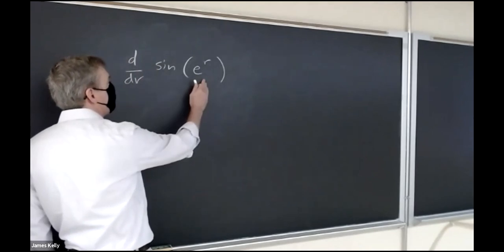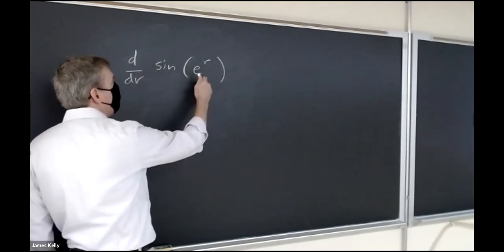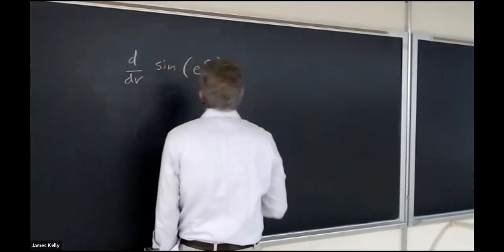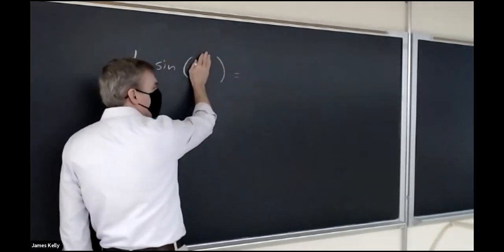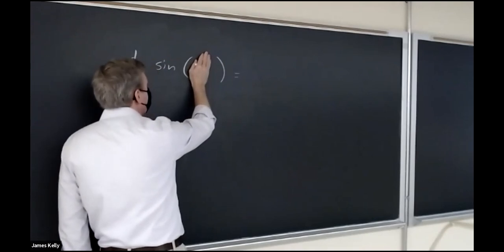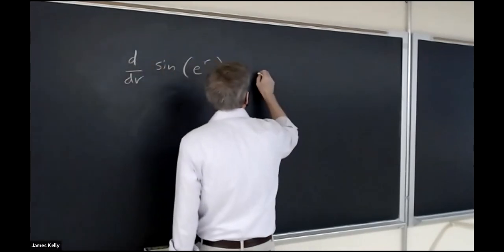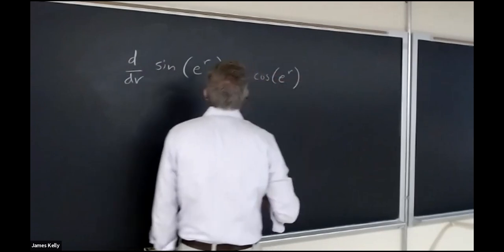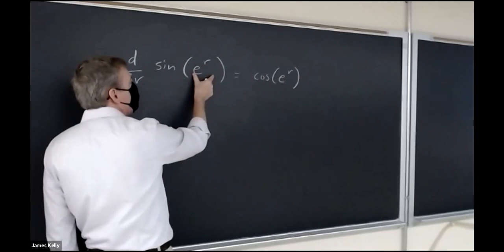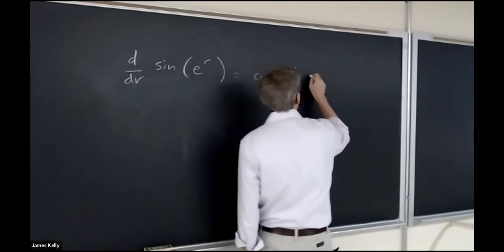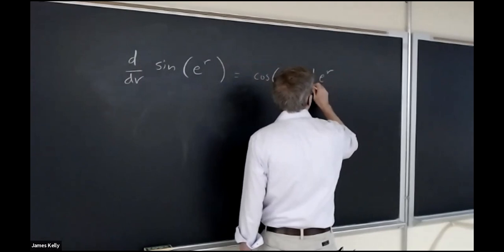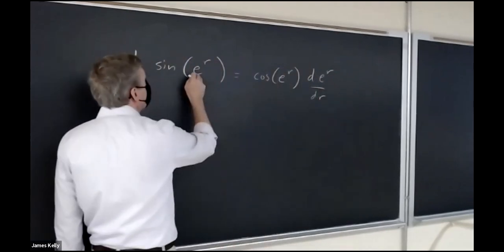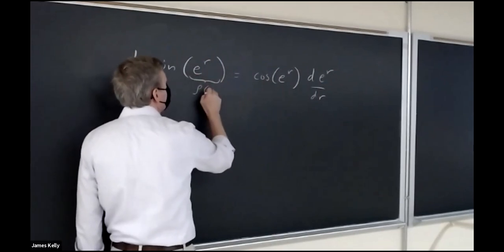Every one of you knows how to take the derivative of a function of r, right? We think of this as just being some blob here, and the derivative of the sine of blob is the cosine of that same thing back again, times the derivative of this thing with respect to r. So we think of this as our rho of r.